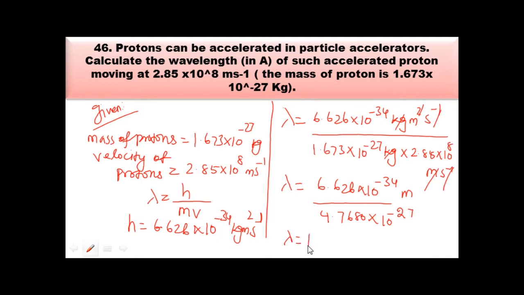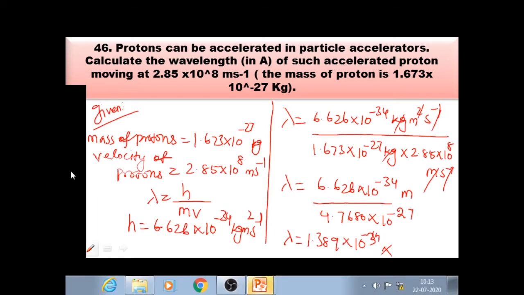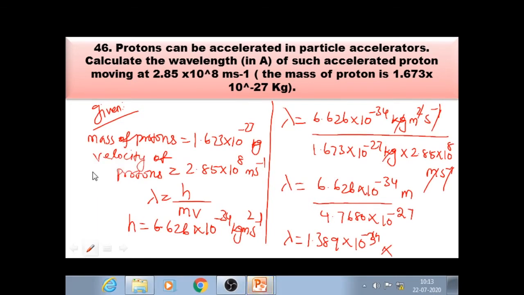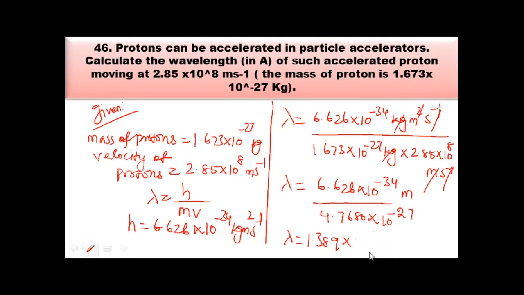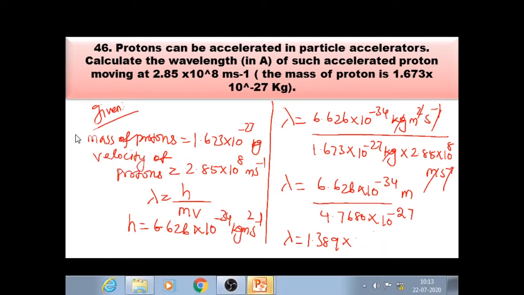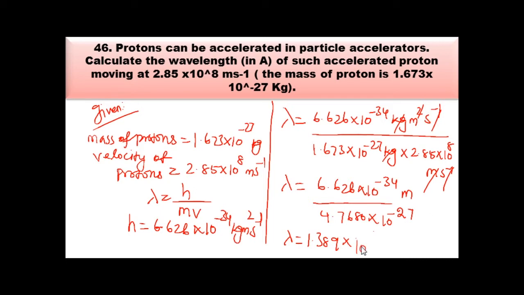So lambda equal to 1.389 multiplied with 10 power minus 34 multiplied with 10 power plus 27.